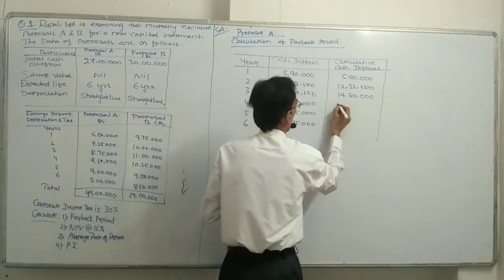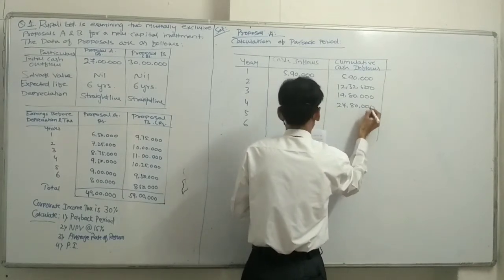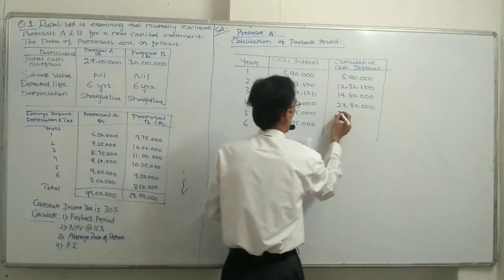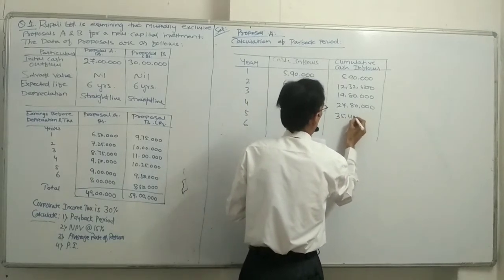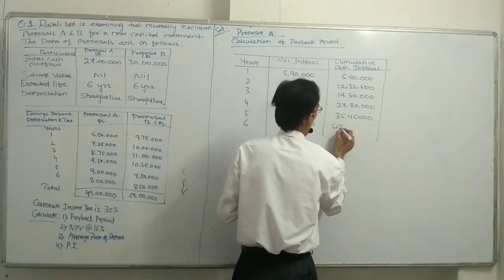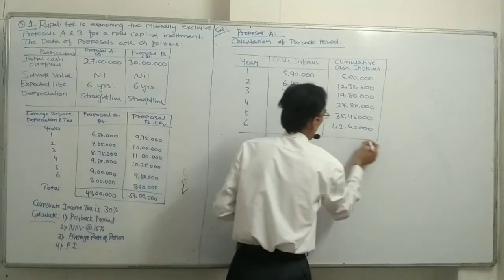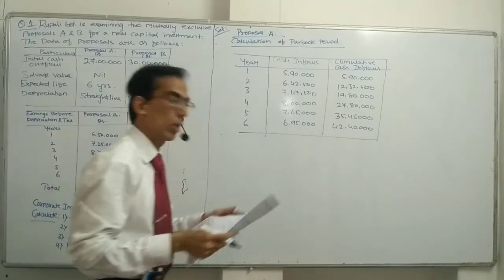Next, 27,80,000. Next, 35,45,000. Next, 42,40,000. This is known as cumulative cash inflows.